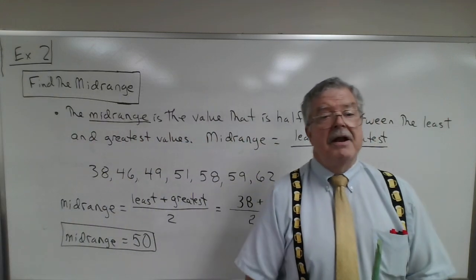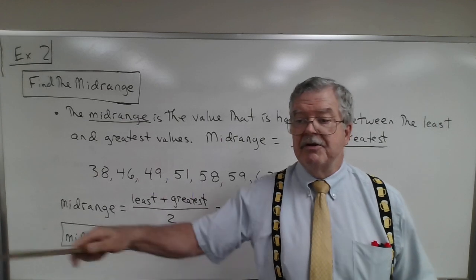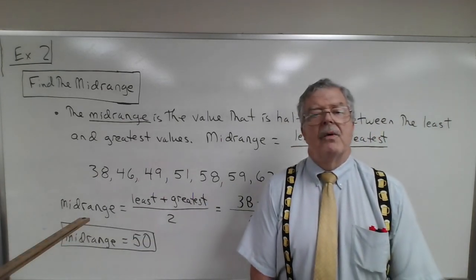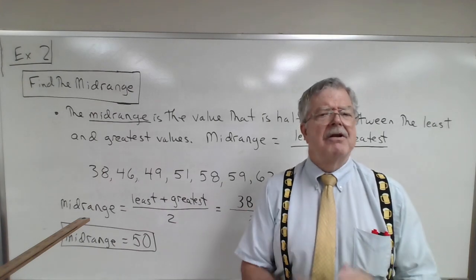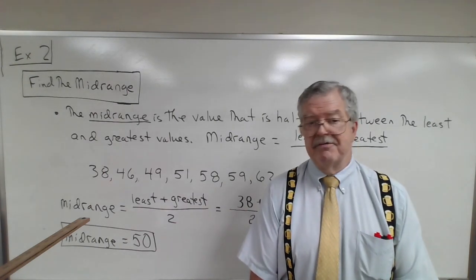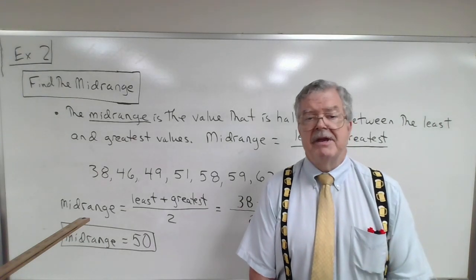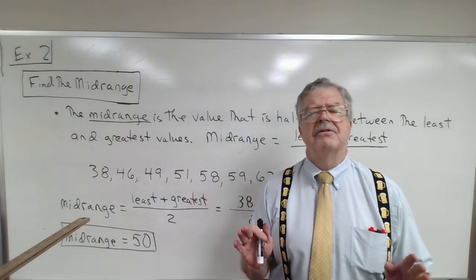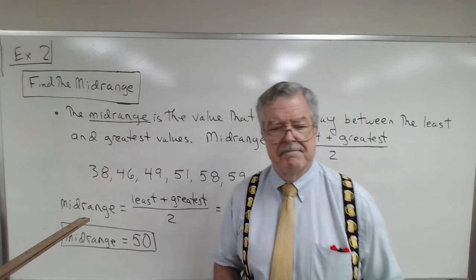Ta-da! Now, I did say we were going to do another example like this, where instead of having an odd number of data values, we're going to have an even number of data values. And this means that when we compute the median, we're going to approach things a little bit differently.